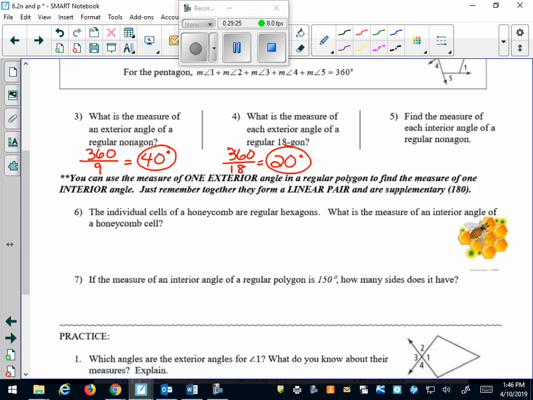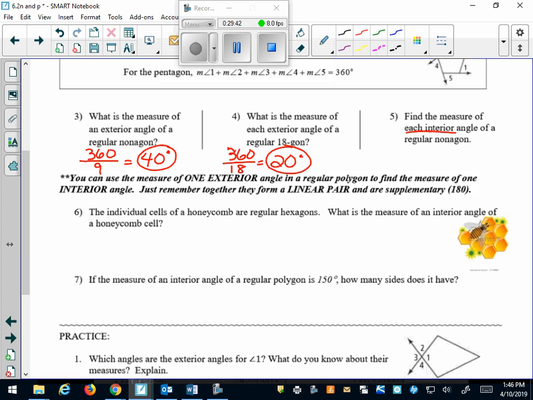This one's different. This one says find the measure of each interior angle of a regular nonagon. This is where I want you to pay close attention.